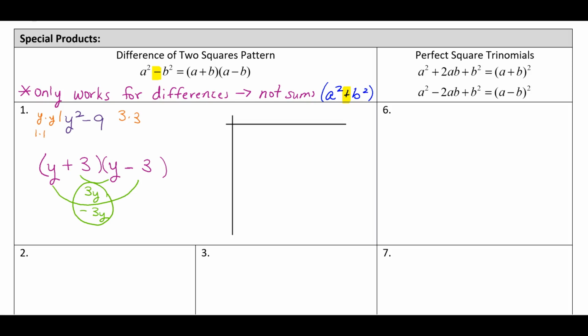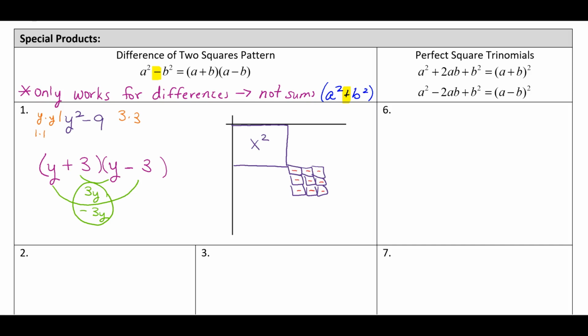So I want to let you see what this looks like on the algebra tiles. If we were to draw the perfect square in here, think about what we did in the last few days. We would have an x squared right there, and then we would have 9 little negative squares here.